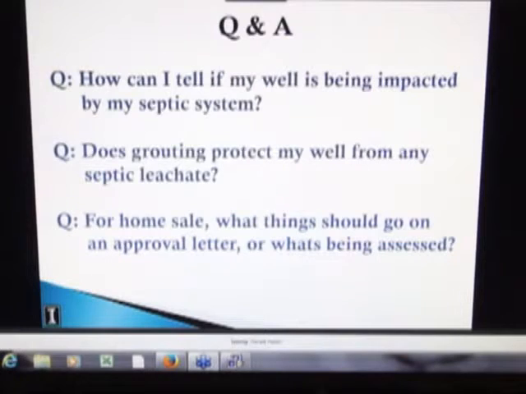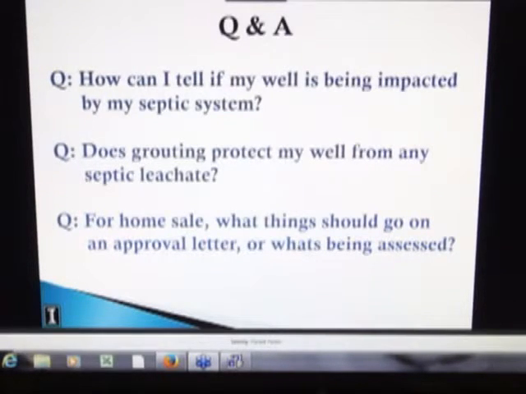So every soil type has a rating, and based on your number of bedrooms times whatever the rating is, there's a formula that tells you you need this amount of laterals. So after I've looked at all of them, then I make my recommendations.